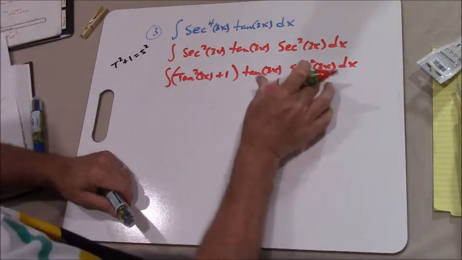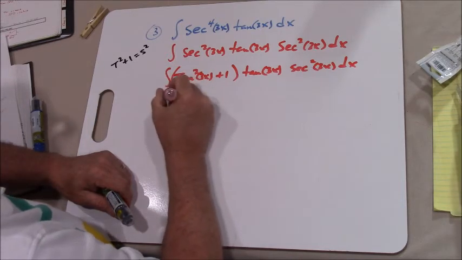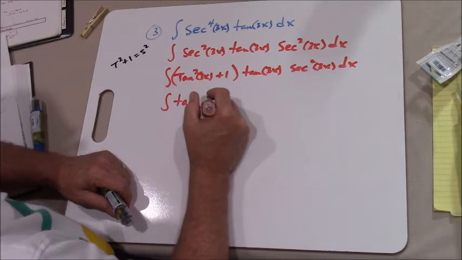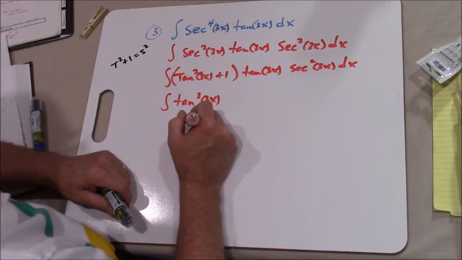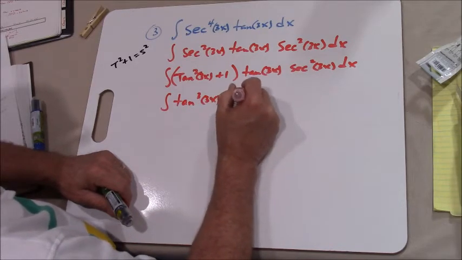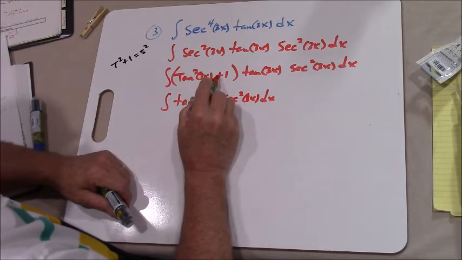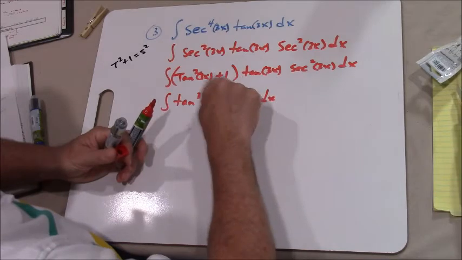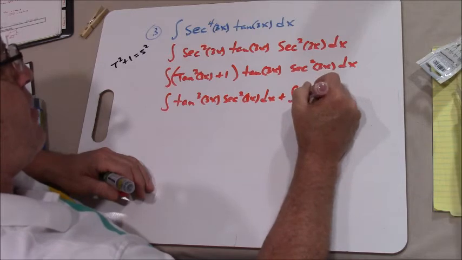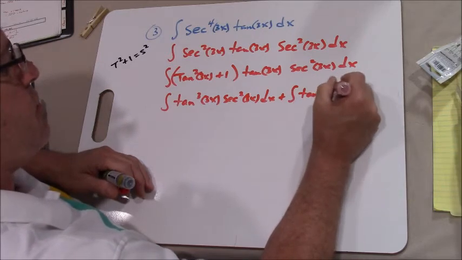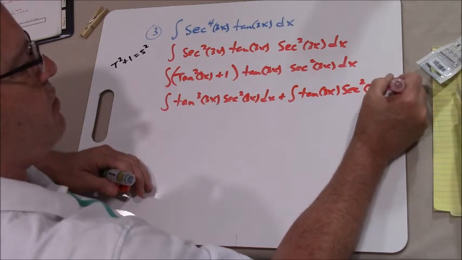And so now I'll distribute all of this to each of these terms. So what I'm going to get is the integral of a tangent cubed of 3x times a secant squared dx, and then plus, when I take both of those and distribute to this, I get a tangent of 3x times a secant squared of 3x dx.